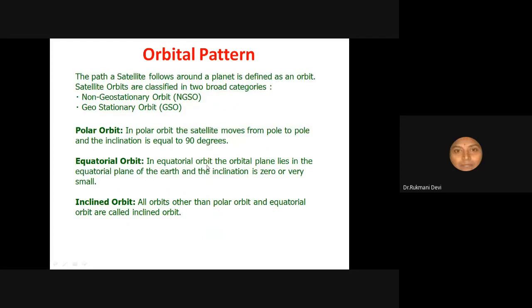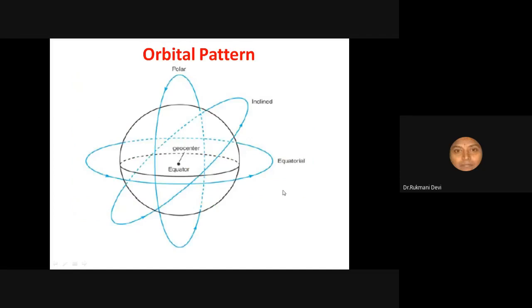In equatorial orbit, the orbital plane lies in the equatorial plane of the Earth and the inclination is 0 or very small. What is meant by polar, equatorial, inclined? All orbits other than the polar or equatorial orbit are called inclined. So 90 degrees is polar, 0 is equatorial, other than that is inclined.